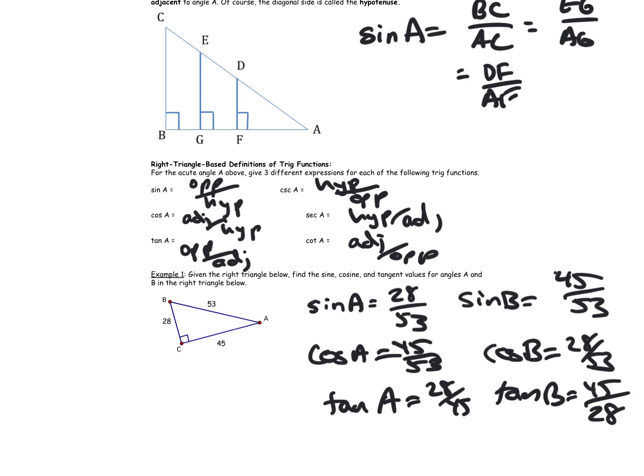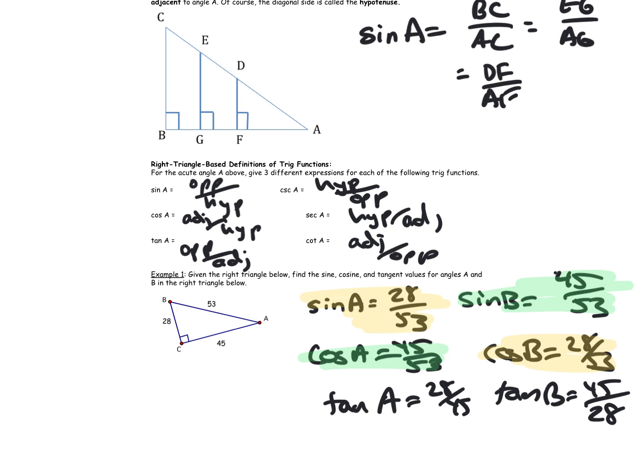Okay, so what do you notice here? Do you notice that any ratios are the same? Taking a look at your answers here, hopefully you notice you've got sine of A being 28/53, but 28/53 is also cosine of angle B. Similarly, you've got cosine of A and sine of B having the same ratio.